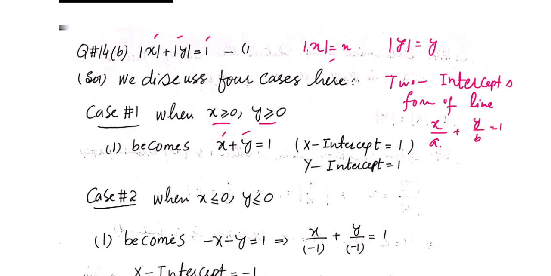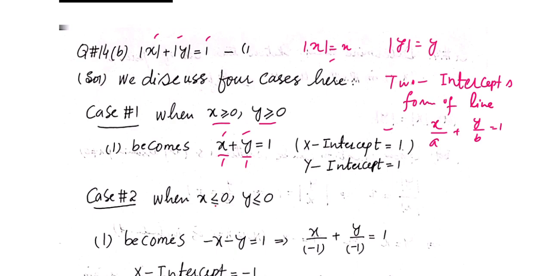The number in the denominator of x is called the x-intercept, and the number in the denominator of y is called the y-intercept. So this represents x/1 + y/1 = 1. So the number in the denominator of x is 1, so the x-intercept is 1 and the y-intercept is 1 also. How can we define x and y-intercept? Actually, x-intercept and y-intercept are the points where the line cuts the x-axis and y-axis respectively.